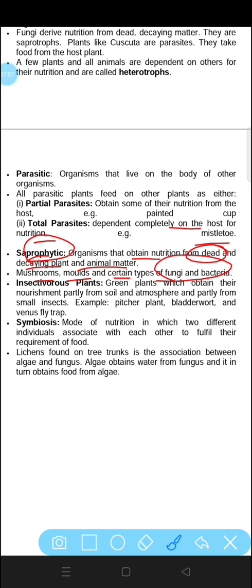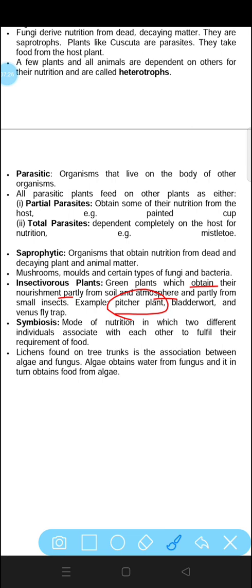Next is insectivorous plants. Plants that feed on insects are called insectivorous plants. For example, green plants which obtain their nourishment partly from the soil and atmosphere and partly from small insects. For example, the pitcher plant.